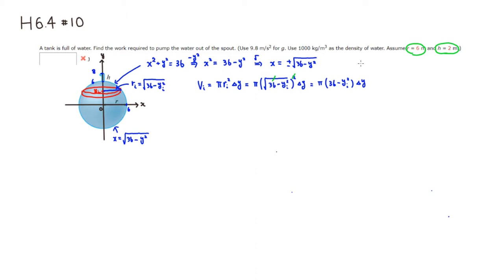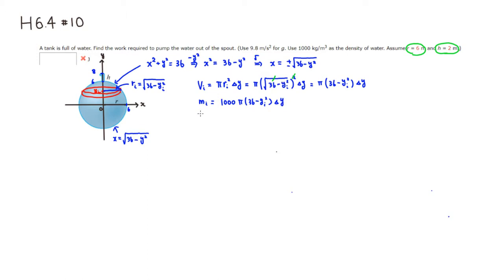Once you have the volume, we can find the mass. To find the mass, all you have to do is multiply the density, which is 1000, by the volume that we just found. So it's 1000 pi times 36 minus yi squared delta y. That's going to be the mass.